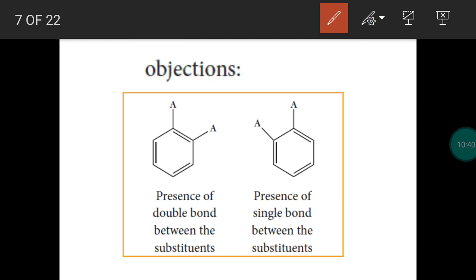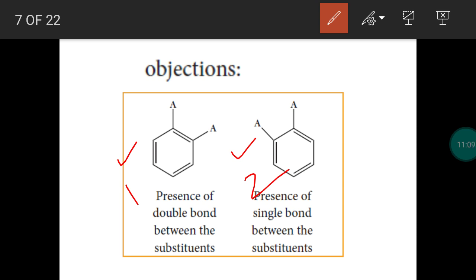Kekulé proposed two ortho di-substituted products, the first one and the second one. So scientists made this objection: only one ortho di-substituted product is possible. How can you propose two ortho di-substituted products? Kekulé did not answer this question.